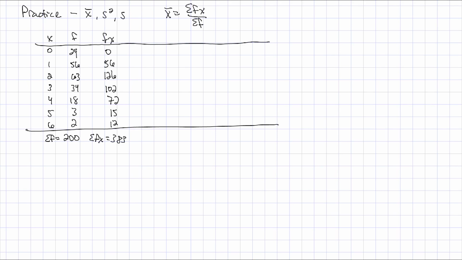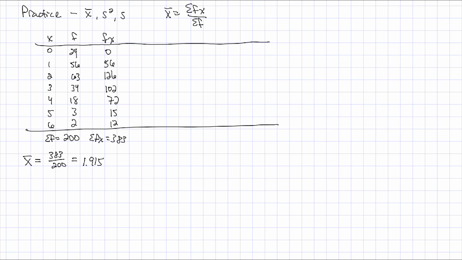Our average is the sum of that fx column, 383, over the sum of our frequencies. And that gives us 1.915. Now we need this average in order to calculate our variance.